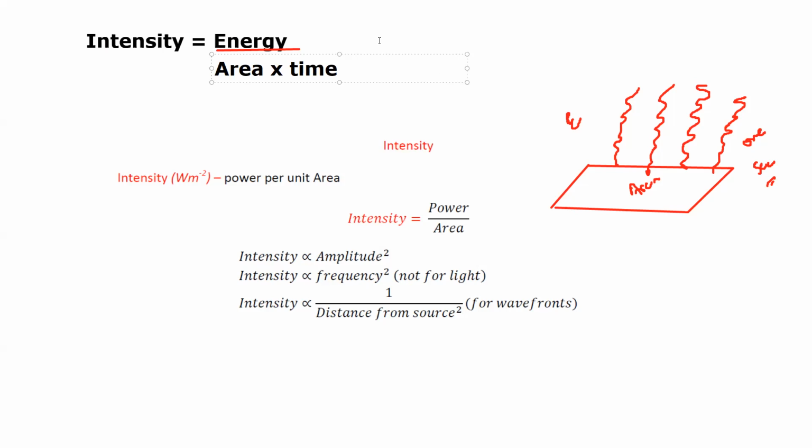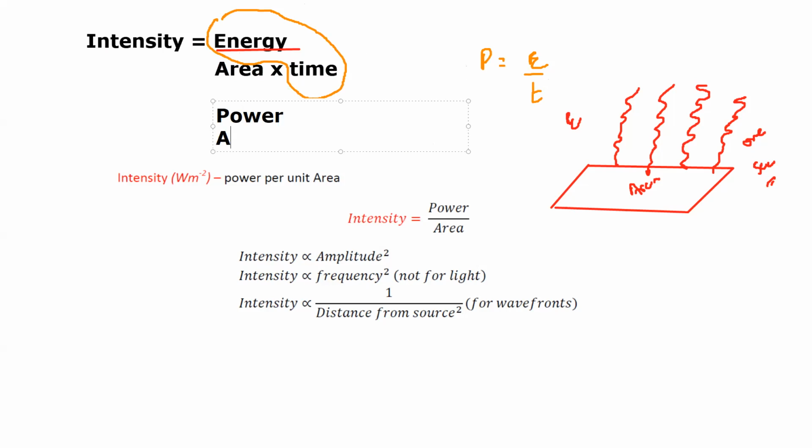What is energy divided by time? As we know, energy divided by time is power. So this part, energy divided by time, will turn into power, because power is the rate of energy transfer, or energy per unit time. So instead of energy divided by time, I can write power here.